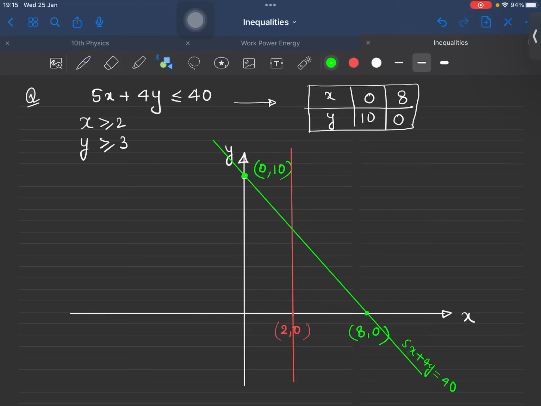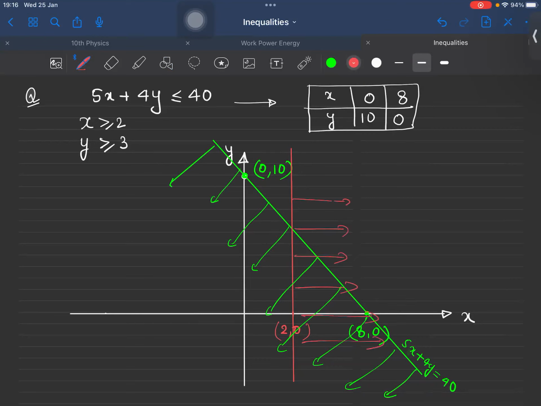For the first curve, it should be lesser than 40, so this side of the curve, the bottom side, lesser than. For x greater than or equal to 2, it should be this side, greater than.